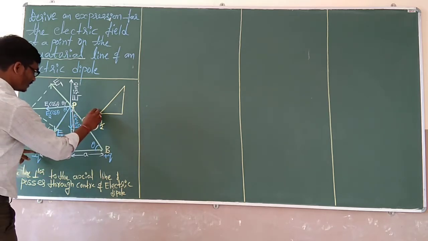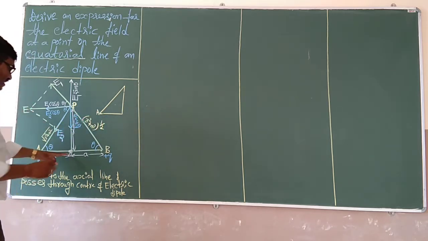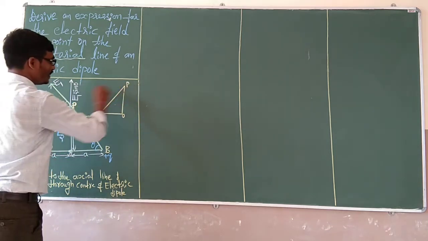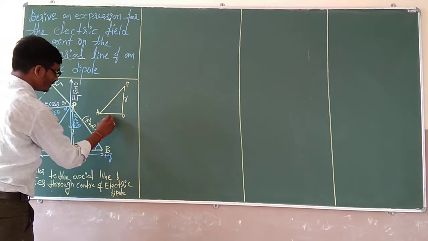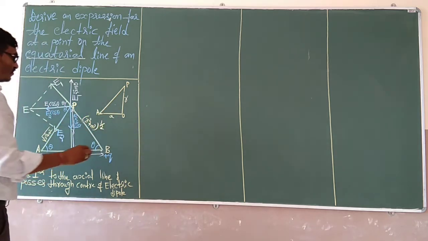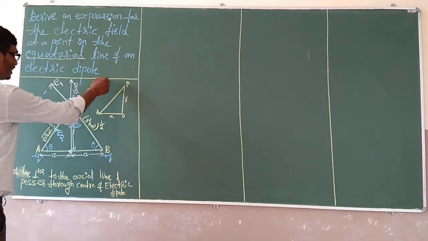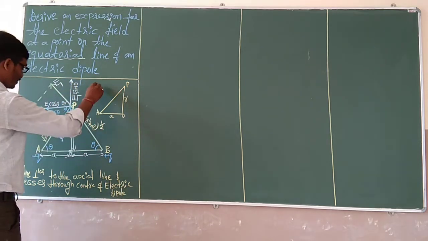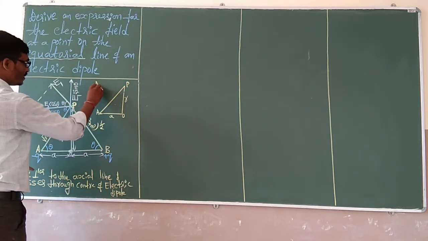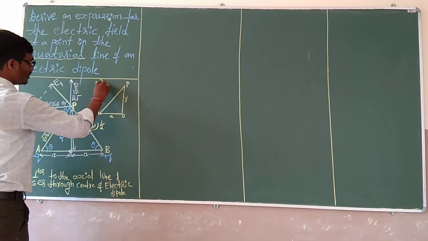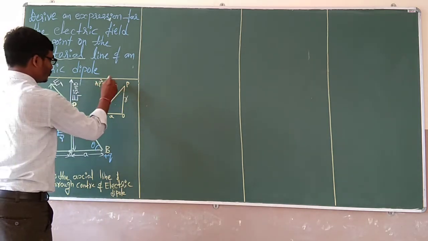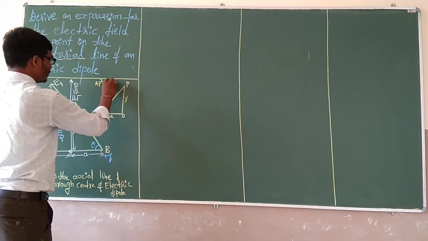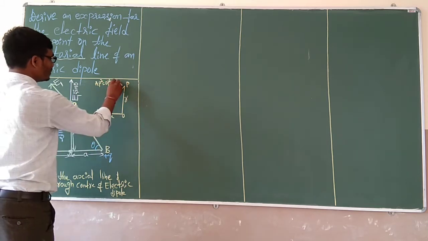This is A, this is O, this is P. Here OP is r, and OA is a. According to Pythagoras, we can write AP square is equal to OP square plus OA square.